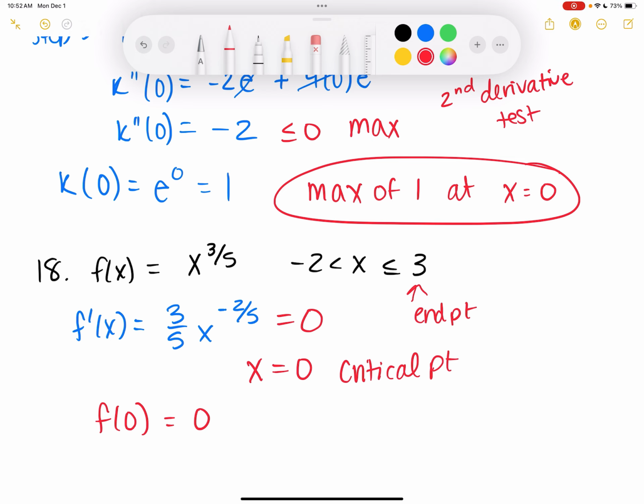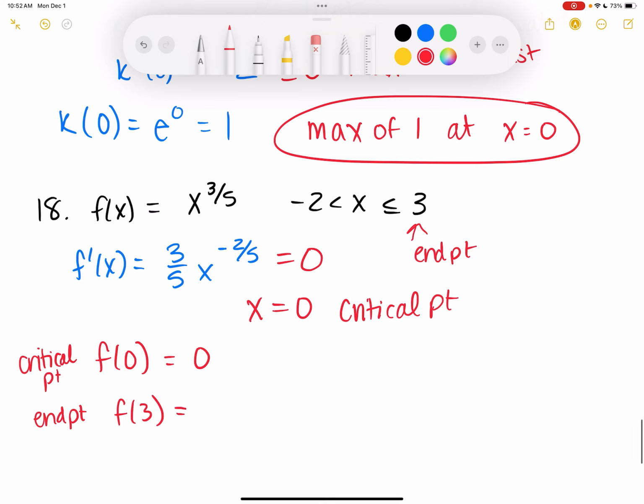Checking my endpoint value, so that's the critical point. Checking the endpoint, we've got f of 3 is equal to 3 to the 3/5, which essentially is the same thing as the 5th root of 27.